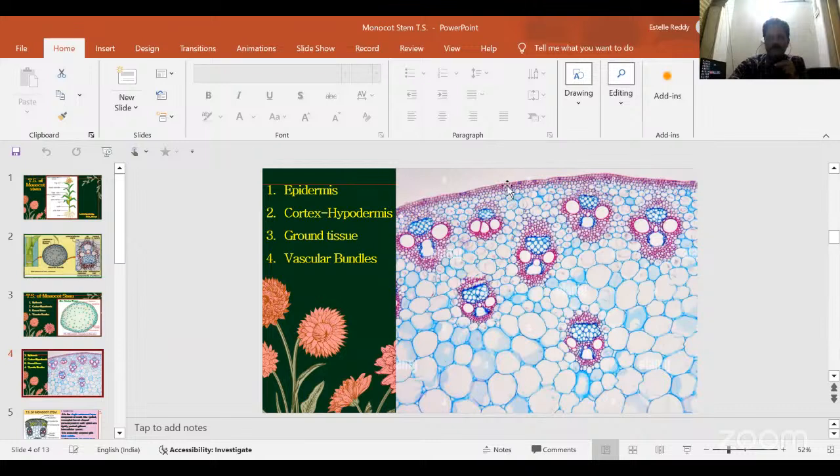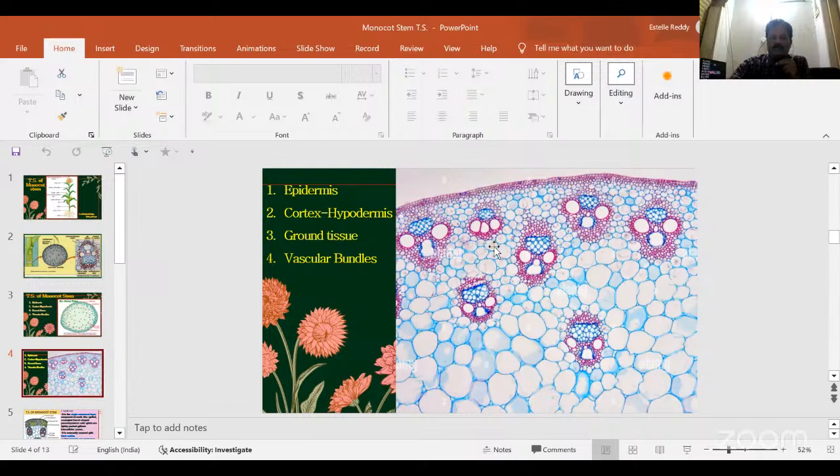But the difference between dicot stem and monocot stem is that the cuticle layer is thin in dicot stem, whereas in monocot stem a thick cuticle layer is present. And trichomes are also absent. Trichomes are nothing but epidermal hairs.